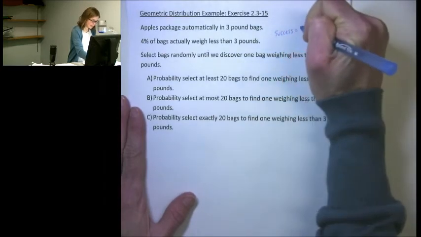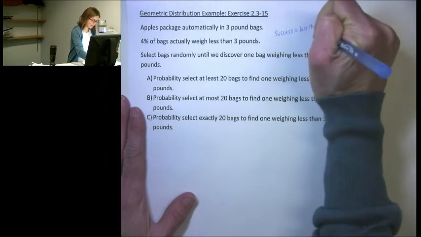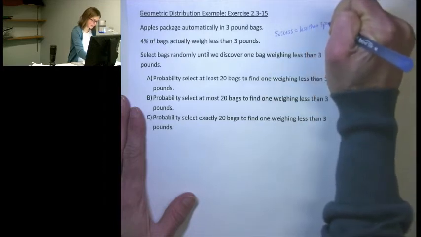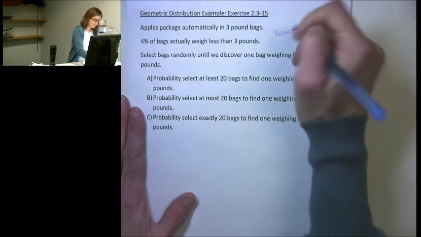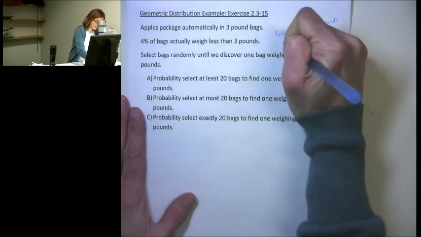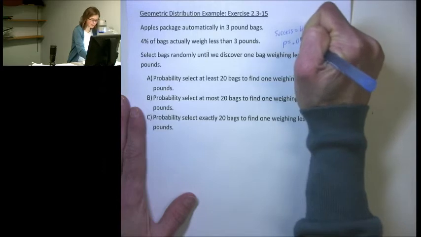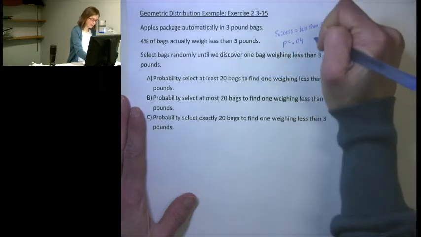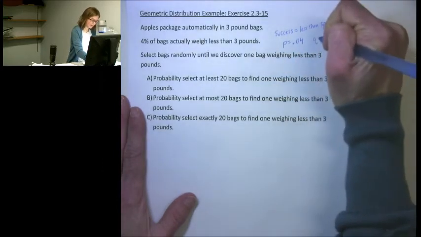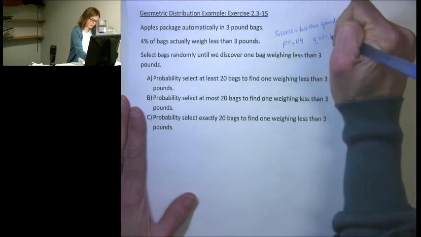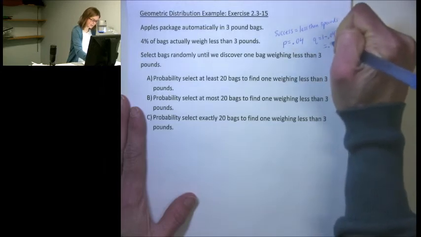Success is a bag weighs less than 3 pounds. Our little p, the probability of success, is 4%, so 0.04, which means that our q, the probability of failure, is 1 minus 0.04, which gives us 0.96.